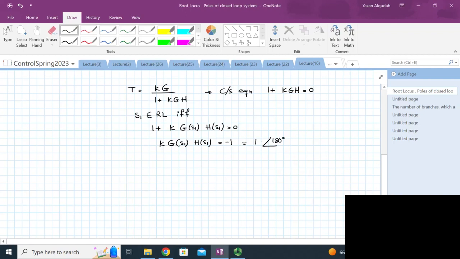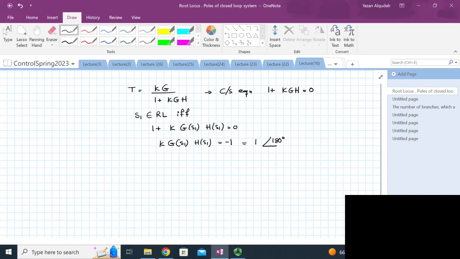So I can create two conditions for S1 to be on the root locus. What are these two conditions? The phase and magnitude. The magnitude has to equal 1, and the phase has to equal 180 degrees.